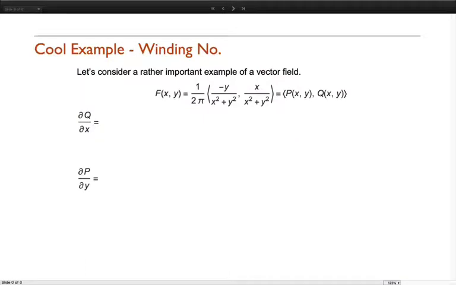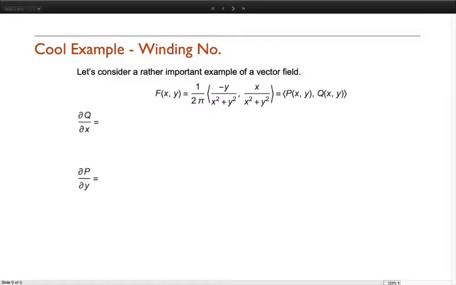To see why this is interesting, let's see what Green's theorem has to say about this vector field. We saw that the line integral around the unit circle gave us a value of 1. To see what Green's theorem has to say, we need to know what the partial derivatives are of P and Q, and that's a straightforward computation. We just need the quotient rule here.